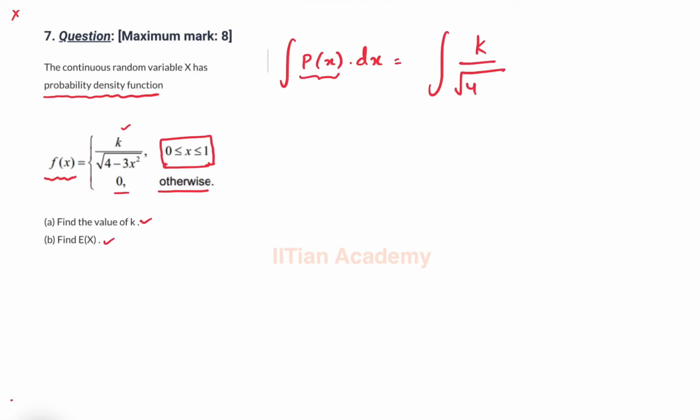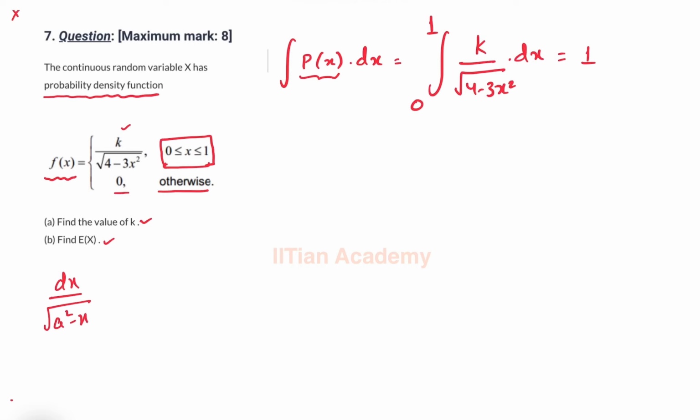Here p is the probability density function. So if we integrate k divided by root under 4 minus 3x square into dx from 0 to 1, we must get equal to 1, because that is the sum of all probabilities.